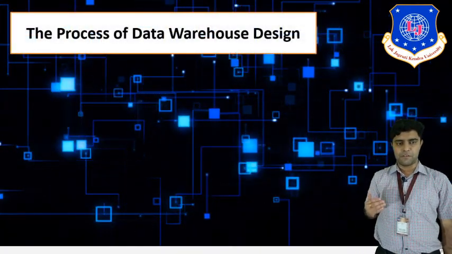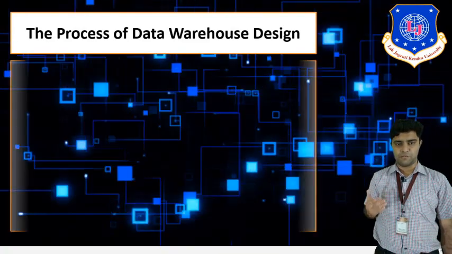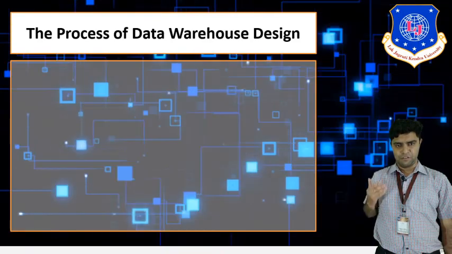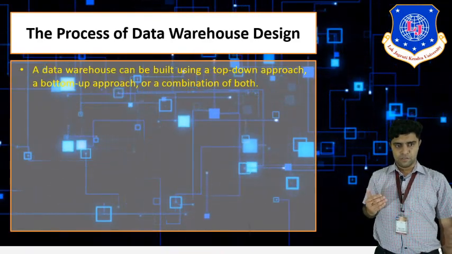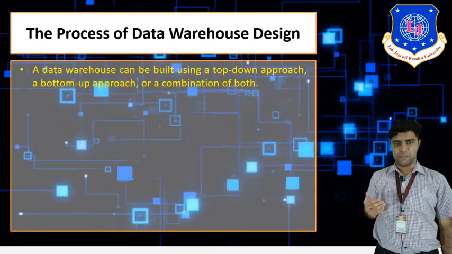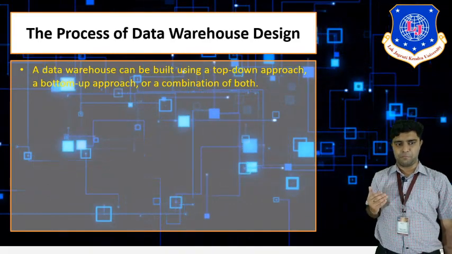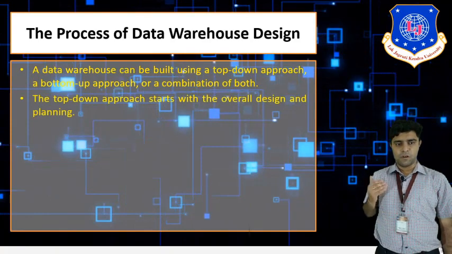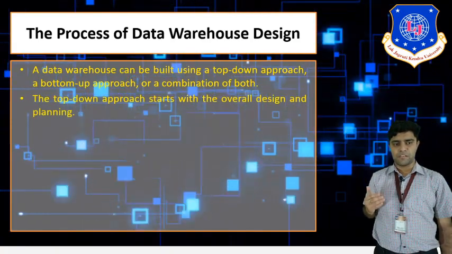Now we will see the topic of the process of data warehouse design. What are the steps for designing a data warehouse? A data warehouse can be built using a top down approach, a bottom up approach or a combination of both. The top down approach starts with overall design and planning.